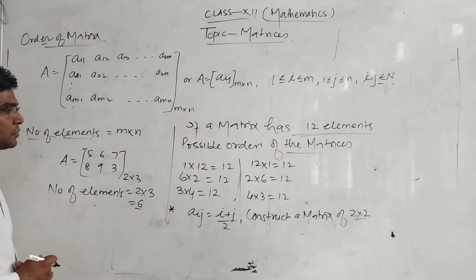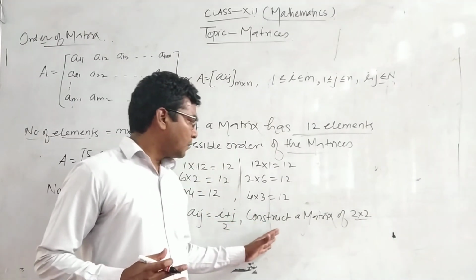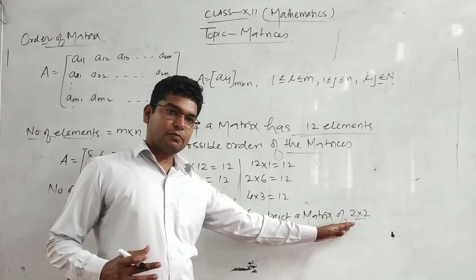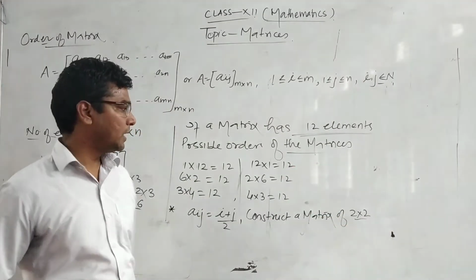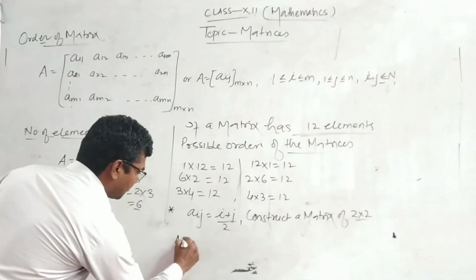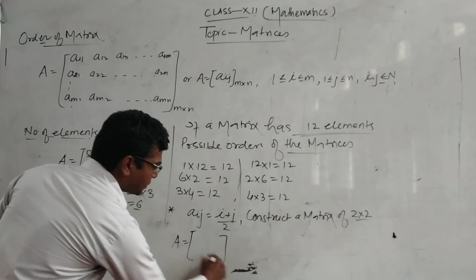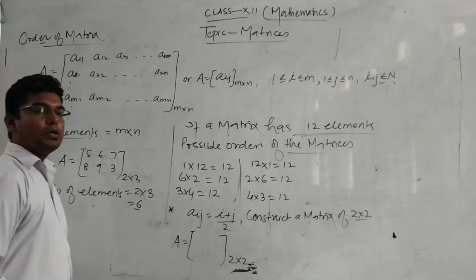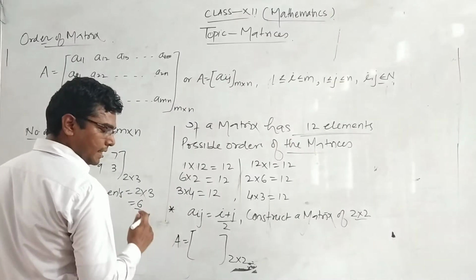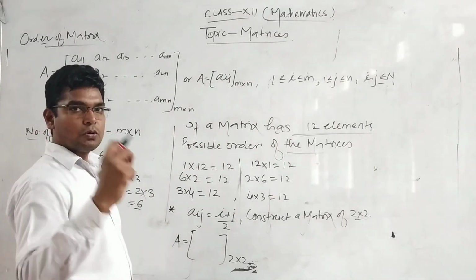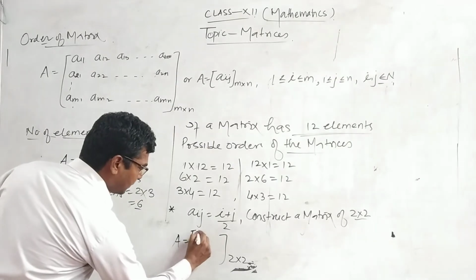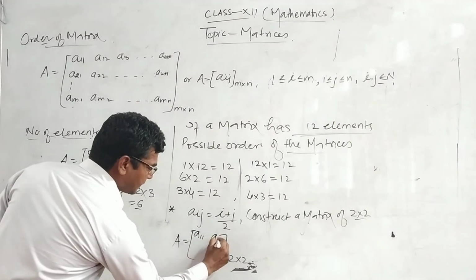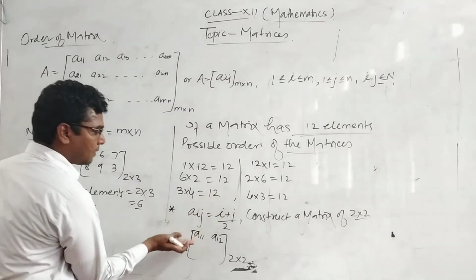First of all, we should know that the number of elements in a 2 by 2 matrix will be 4. So we should know the position of those elements. It is a matrix of order 2 by 2, so we already know that it definitely has 2 rows and 2 columns. So it will be given like this: A11, because we are talking about the first row.